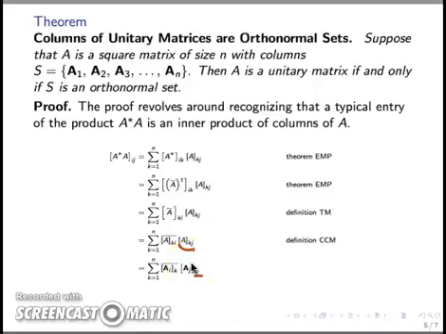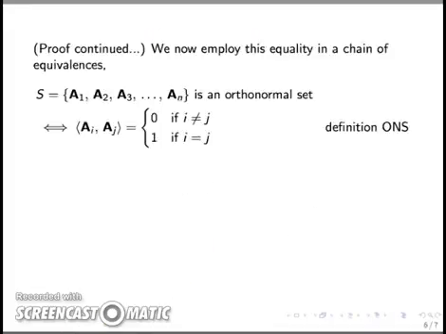So in this form we invoke the definition of inner product. The inner product between the ith column and the jth column is going to be equal to 0 or 1.